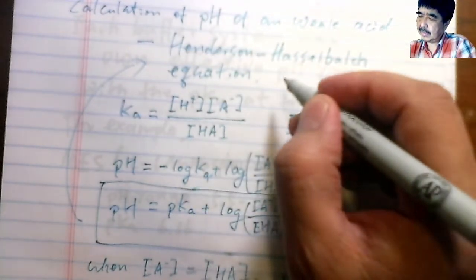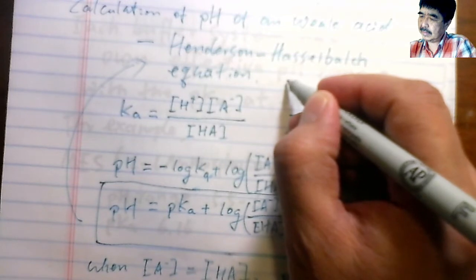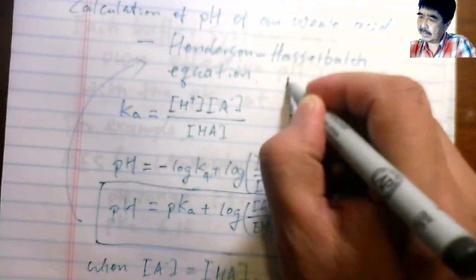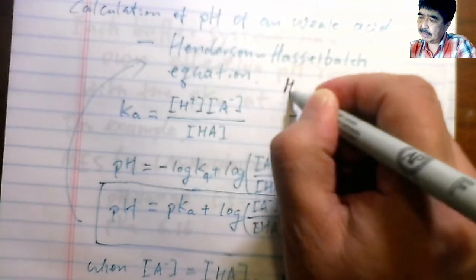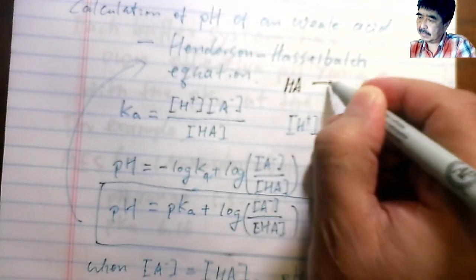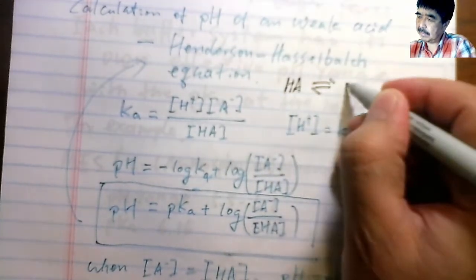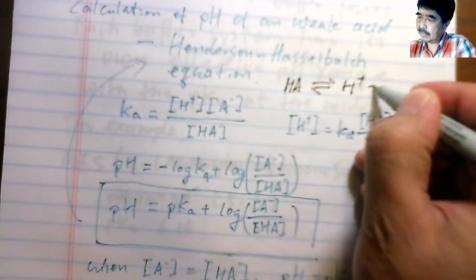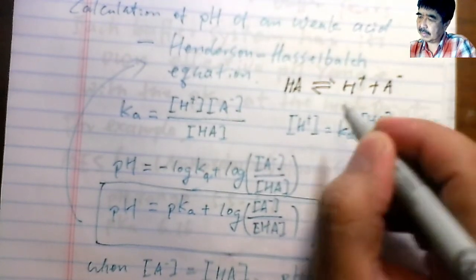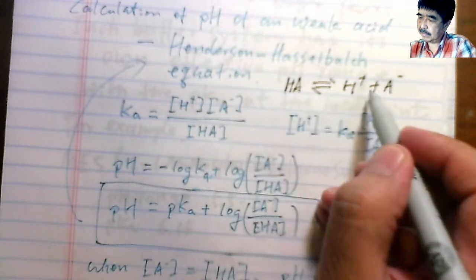Let's take a look at this dissociation reaction. Basically, if HA is a weak acid, after dissociation, it becomes a proton plus A minus. This constant comes from here.